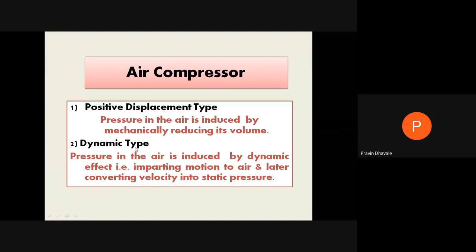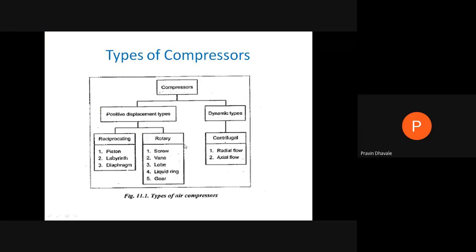In positive displacement type, pressure on air is increased mechanically by reducing its volume. And in the dynamic type, the pressure on air is increased by dynamic effect or dynamic action.